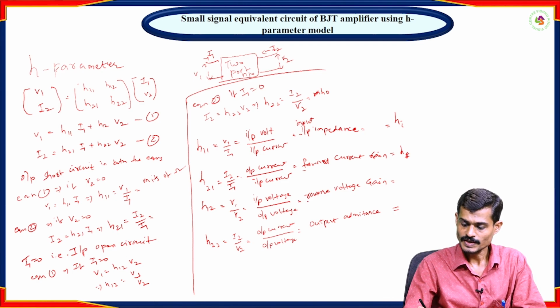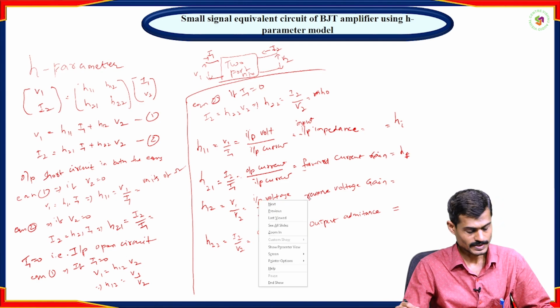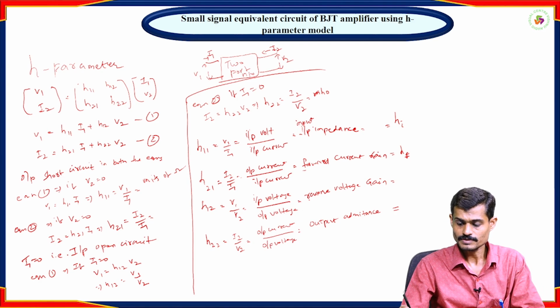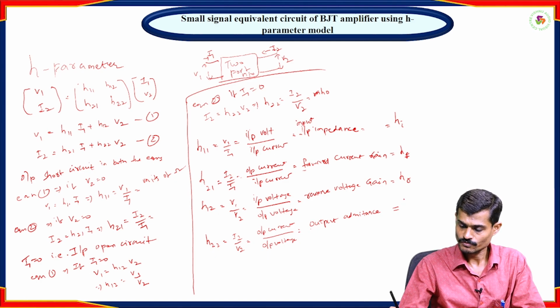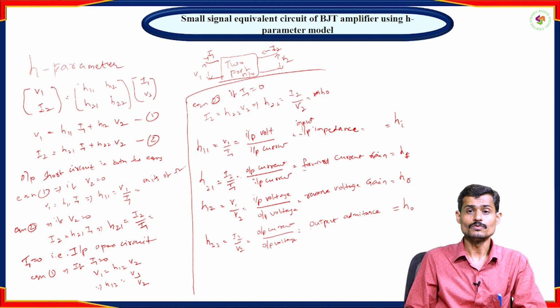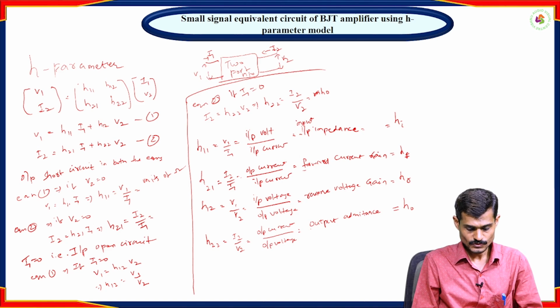Similarly, H12, reverse voltage gain, is HR, and H22, output admittance, is HO.